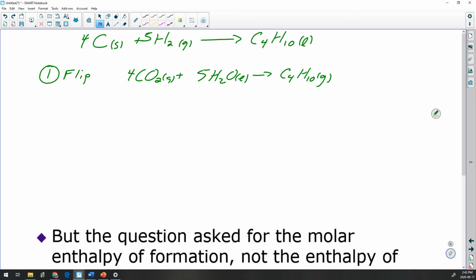It is gas. Now I forgot to put the energy in here. I'll just put it underneath for now. Because I flipped the entire reaction, I need my energy on this side.